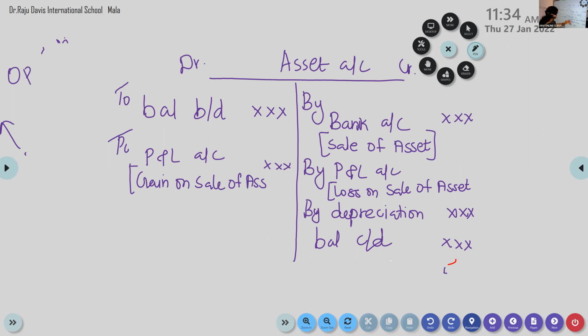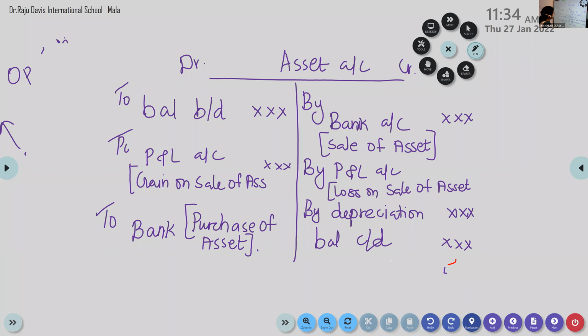With this, we will balance this account, and the balancing figure you will get on the debit side, that is to bank, and it would be purchase of an asset. We'll do the problem, then you will understand better.